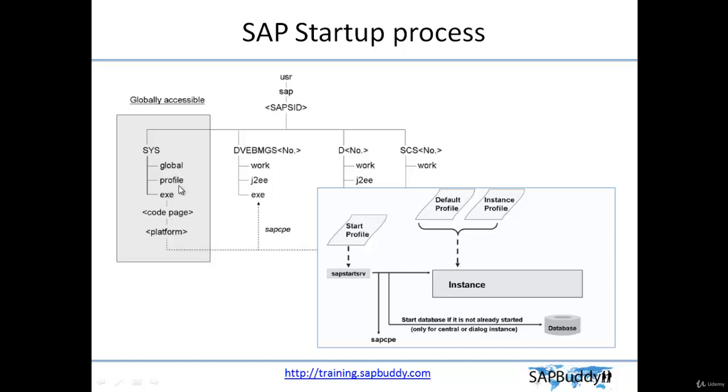Then we have one folder called profile, which contains the default profile as well as the startup and instance profiles for the SAP system. We will come back to what is meant by profile. Then you will have exe, that is the executable kernel files.